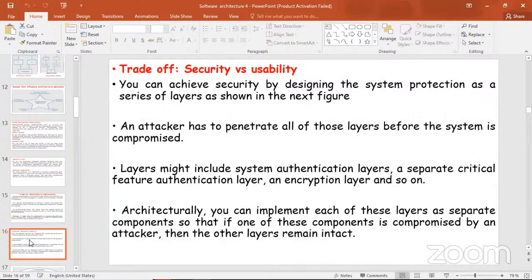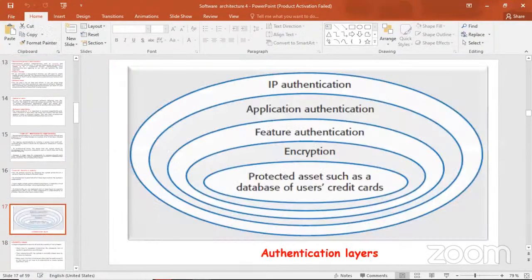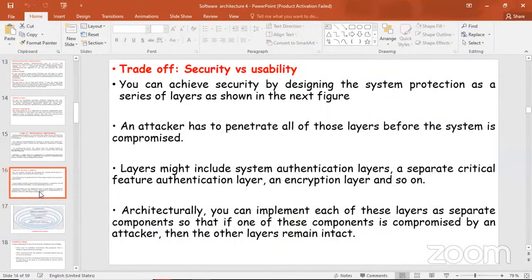So let's look at the trade-off between security and usability. You can achieve security by designing the system protection as a series of layers, as shown in this figure, right? So you have different levels of authentication here, there. Okay, so let's look at the trade-off.